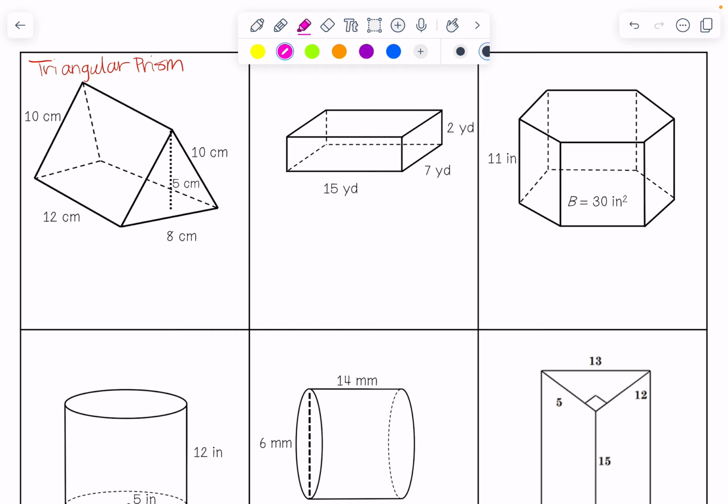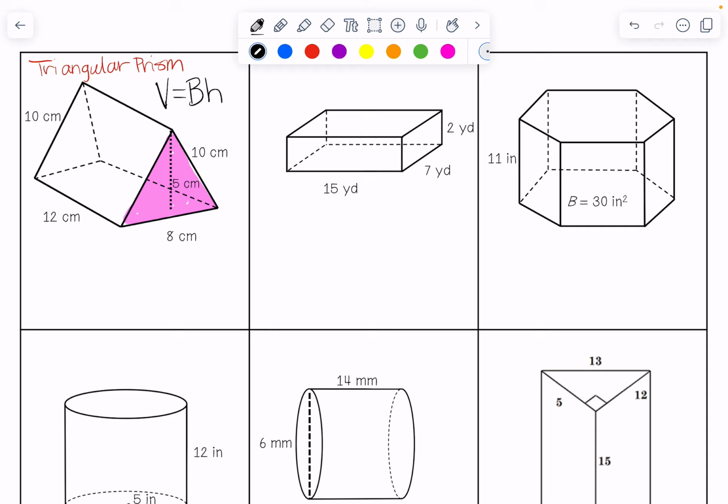So I need to figure out the area of a base, okay, the area of one of my triangles. So my volume formula is going to be that capital B, remember, area of the base, times H, which is now the height of the prism, or the distance between those two bases.